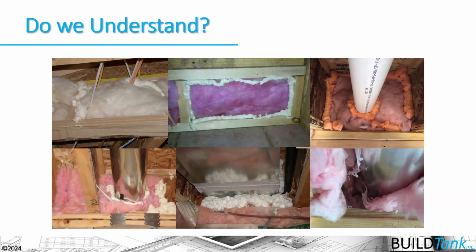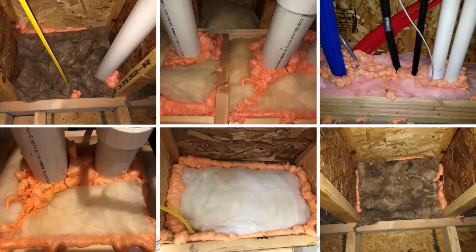So we need to understand what our materials can do and can't do and help educate our trade partners that we don't need foam here. We actually need an air barrier here, maybe supplemental thermoply or foam board or drywall or something that's going to actually stop the movement of air and allow that insulation to trap the pockets of air that are needed there. And you just, again, see it time and time again here.